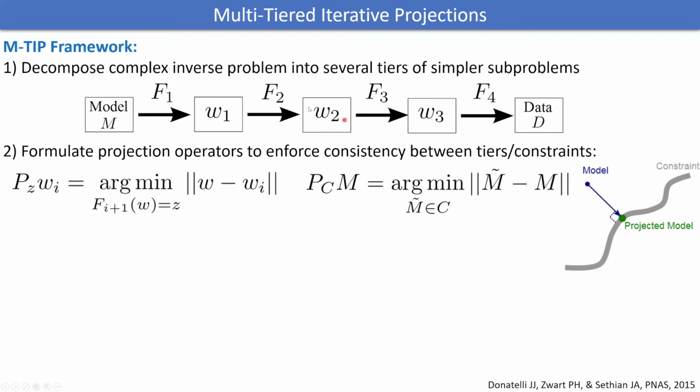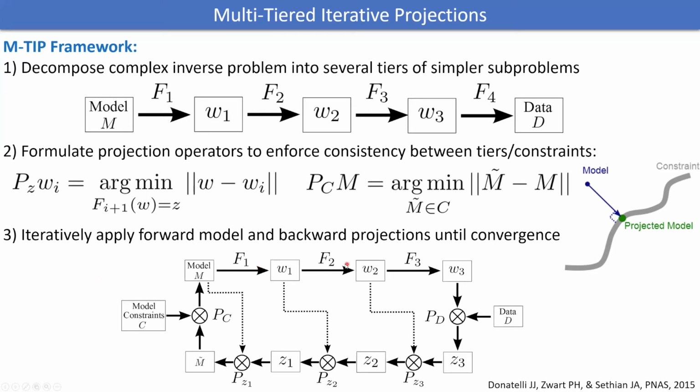And then we want another projection to project W2 to the closest thing that maps to W3, another projection to project W1 to the closest thing that maps to W2, and to project the model M to be consistent with W1.